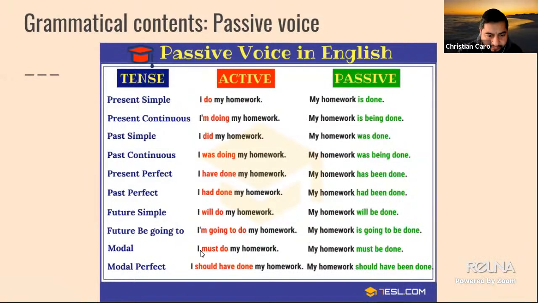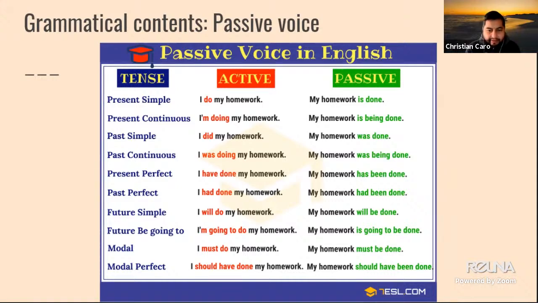So, for example, here, active voice, I must do my homework, right? Passive, my homework must be done. So you have to notice that when you transform a sentence from the active voice to the passive voice, or vice versa, you need to keep the tense.